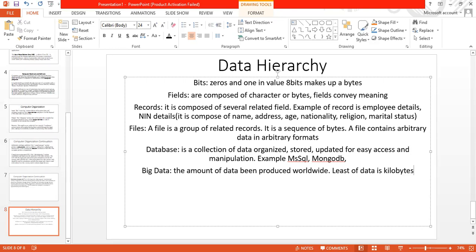So what do I mean by kilobytes? Kilobytes are just 10 raised to power 3. An example of a kilobyte is 1004. This is an example of a kilobyte.